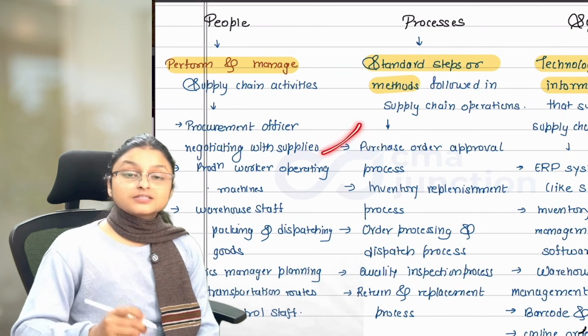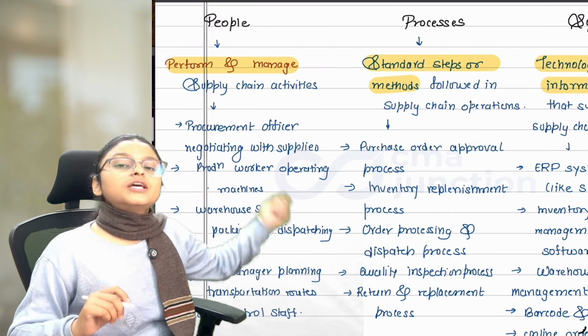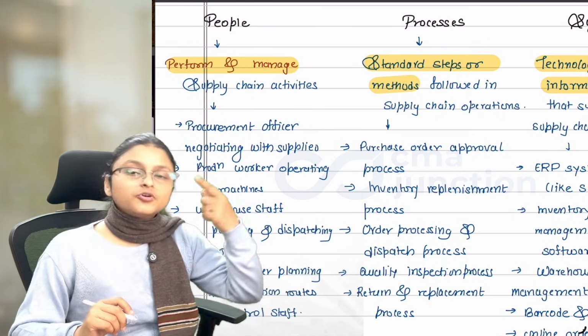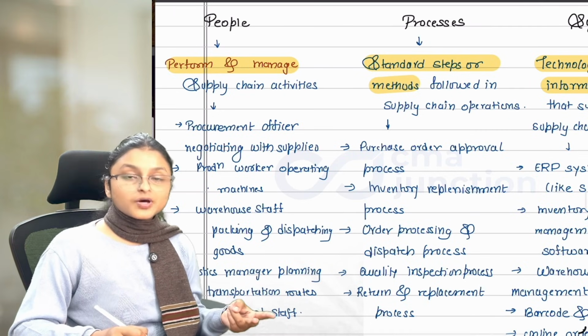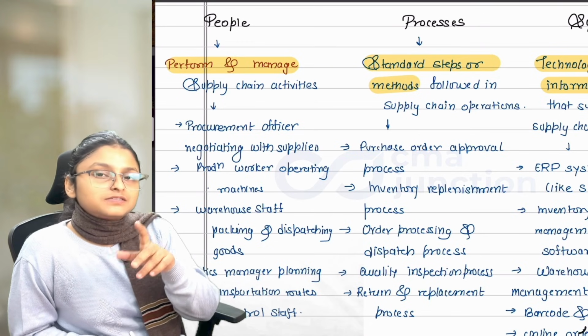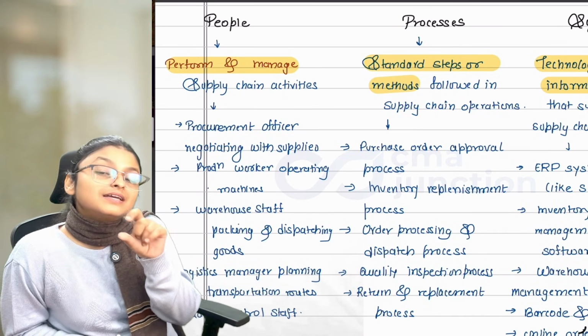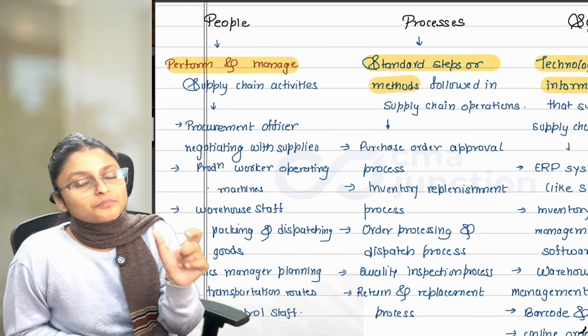Procurement officer is required for negotiating with supplier. If you need raw material, you need to negotiate with the supplier. So procurement officer will be there. Production workers will be there, who are going to operate our machines. In value chain, we have seen the biscuit factory. In the biscuit factory, we were doing mixing, baking and packing in our operations.